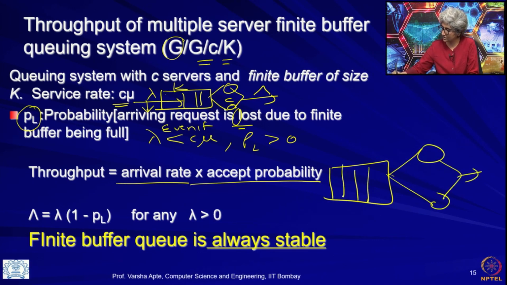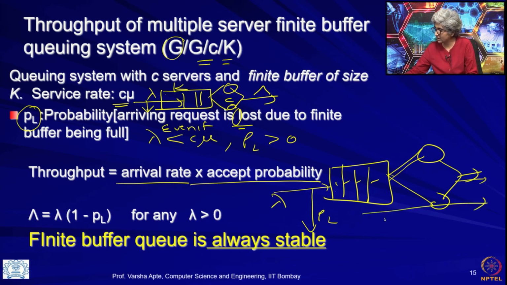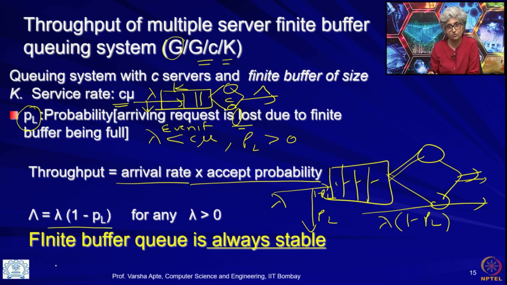This is a finite buffer system, requests can come, of course there is going to be some probability of loss, but once they come in they are going to get service and they leave. So, if the rate of arrival here is lambda, then the rate through this is going to be nothing but lambda multiplied by 1 minus PL, because if this is the probability of loss, 1 minus PL has to be the probability of accepting. So, it is just arrival rate multiplied by accept probability, and that is denoted by this.